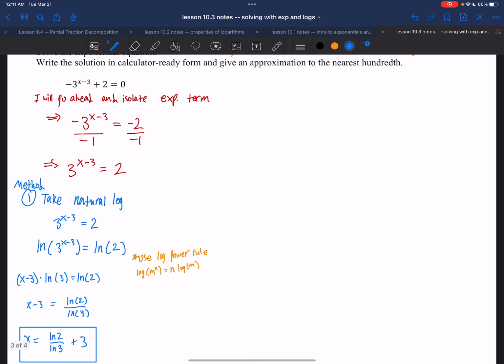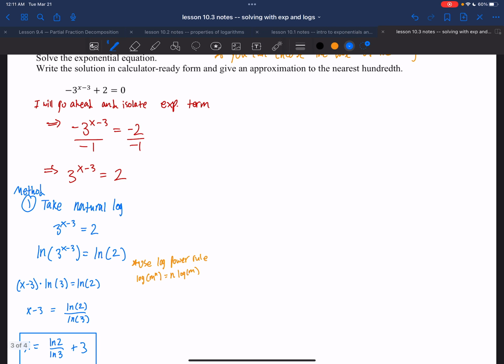Let's go up here. Let's say method 2. Choose a log using the same base as the exponent. Okay, so look, you've got 3 to the x minus 3. I'm just going to work the problem again.